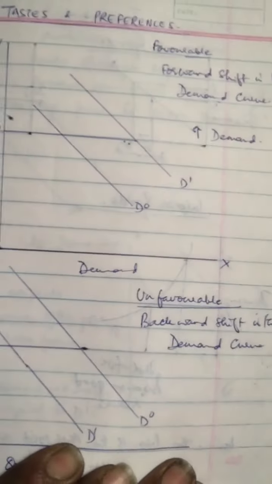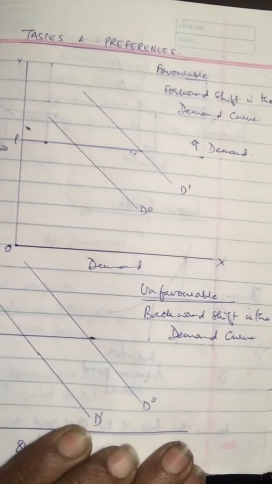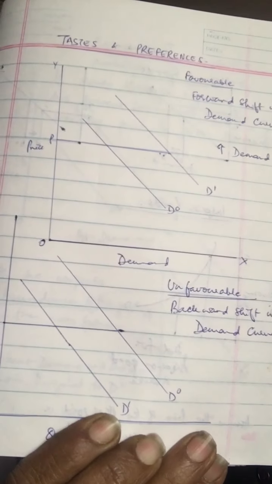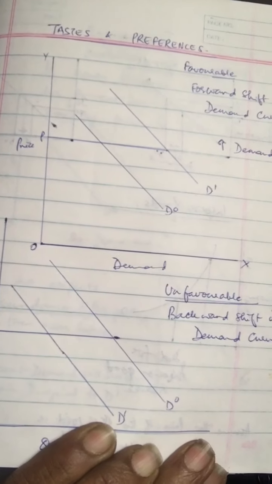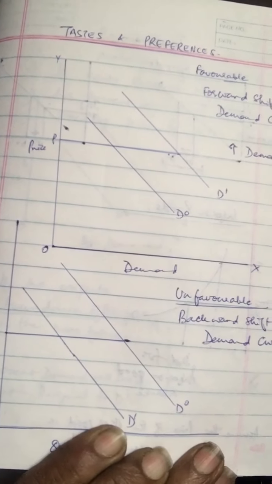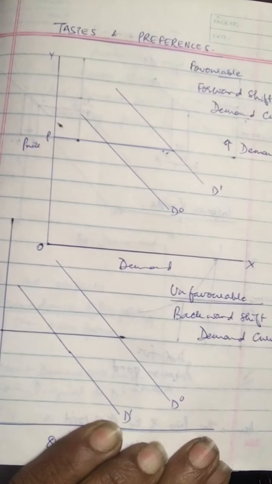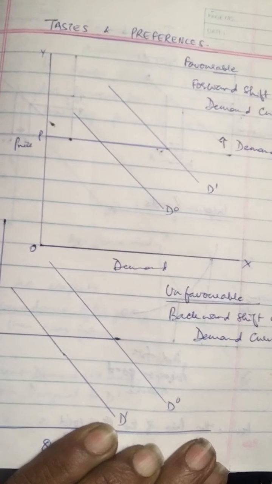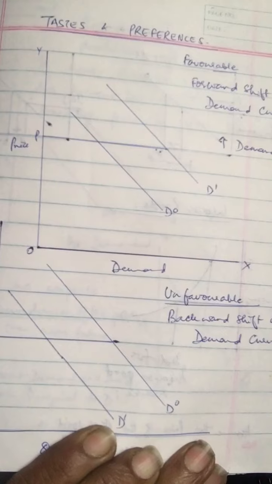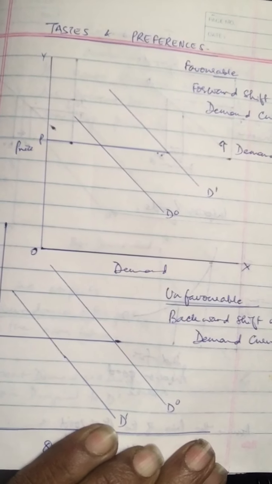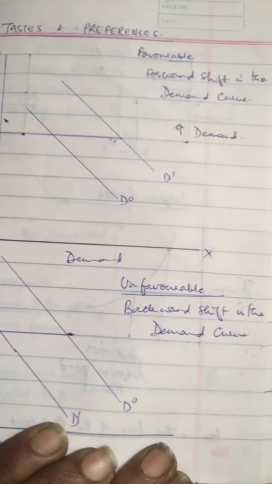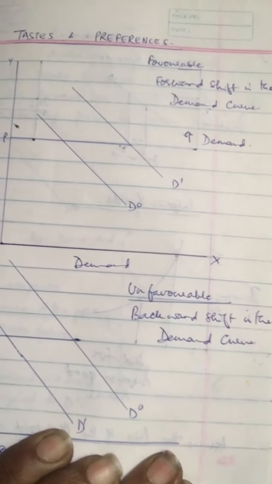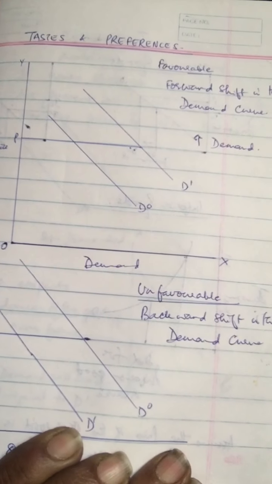Now let's take tastes and preferences. In this we notice that if the preference is favorable for a particular commodity, then what happens?